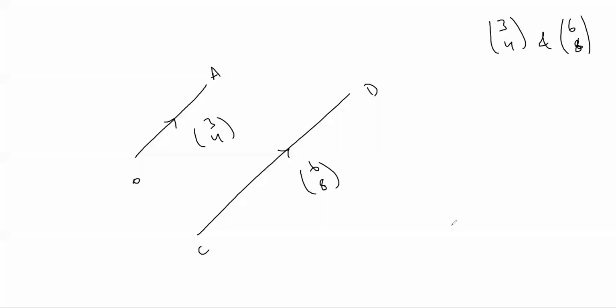Like for example, if you are finding the gradient of something and you did y2 minus y1 over x2 minus x1, and suppose you got 10 over 12. So you can write it as 5 over 6. So this is the gradient. Both are the gradients, but this is in the simplest form, okay?